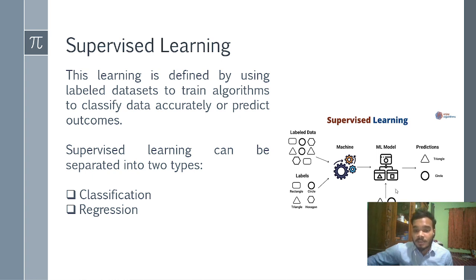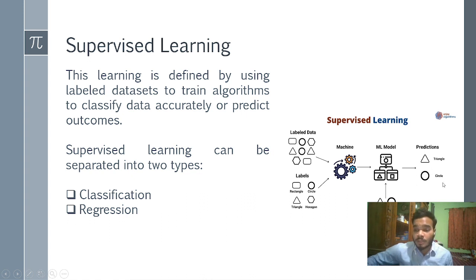Here we can see that we have some labeled data and the labels. The labels are rectangle, circle, triangle, hexagonal. We are training the model with this data, and after training, we give the model some input as test data, and it gives us some output.